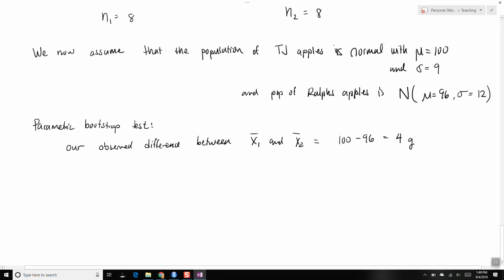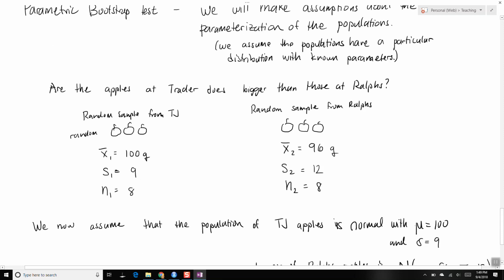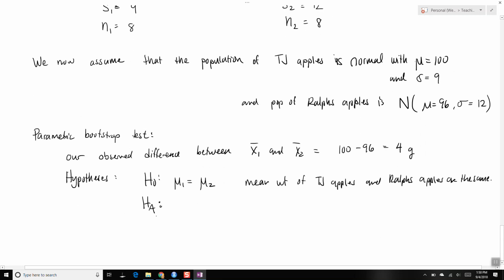What would our hypotheses be? The null hypothesis is that the mean weight of Trader Joe's apples and Ralph's apples are the same. And the alternative, I think I said, is that the apples at Trader Joe's are bigger than those of Ralph's. So now we're going to say mu1 is greater than mu2.